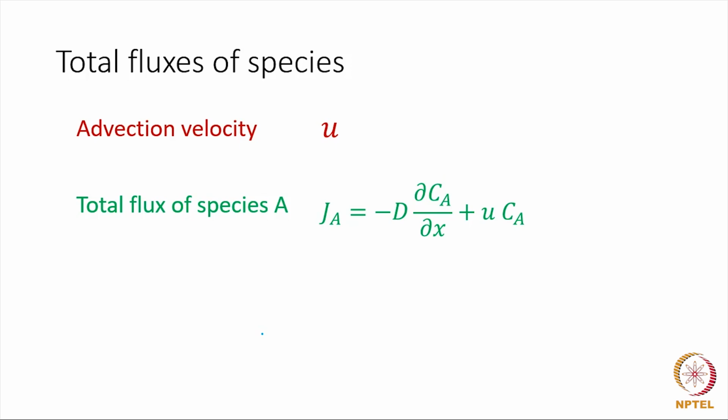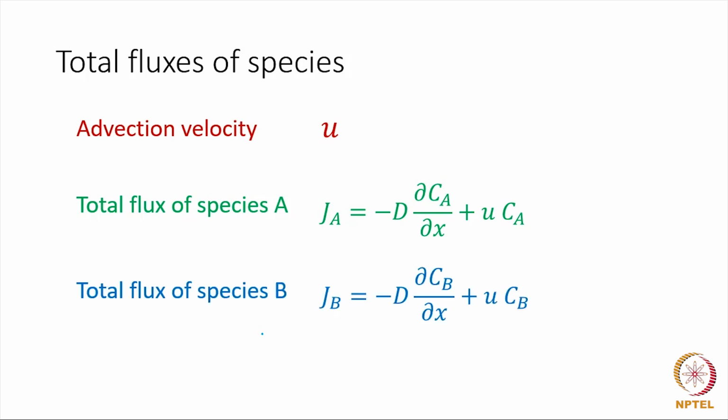Notice that there is no asterisk on top of J, which means that what is written here is a total flux. The diffusive flux is the first term on the right hand side. Similarly, the total flux of the species B can also be written using the concentrations of species B.